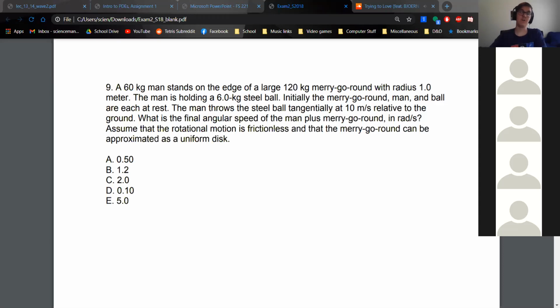How do you find the L of the ball? Remember that on your equation sheet, it says that L is equal to I omega, but it's also equal to R cross P, or P cross R. I never remember, but it's equal to that, and we know how to figure out what P of the ball is, and we know how far away it is.